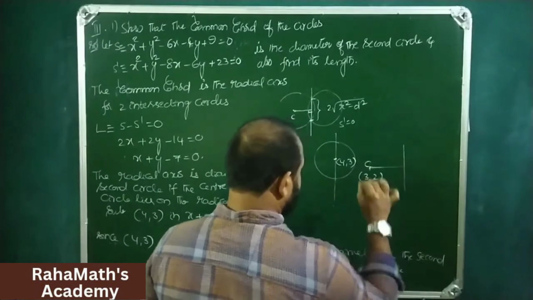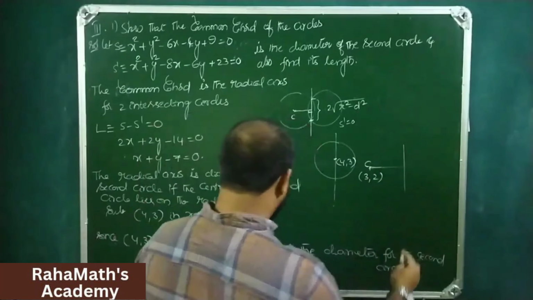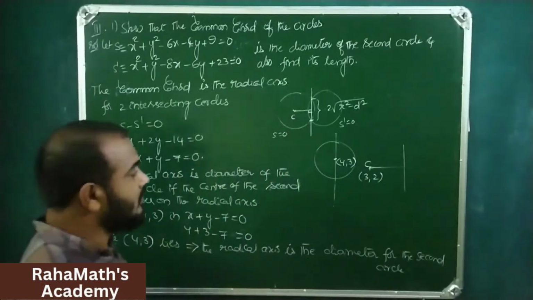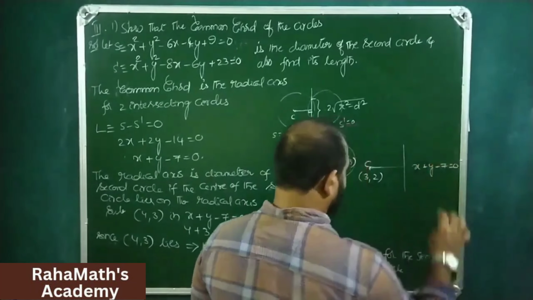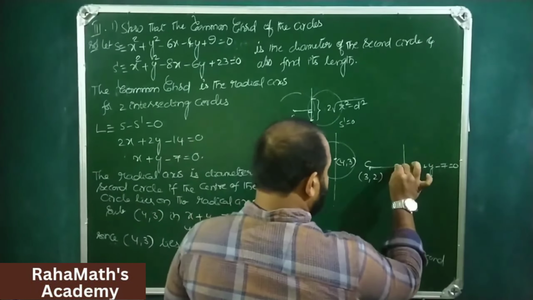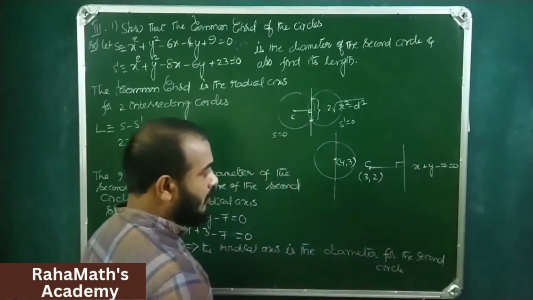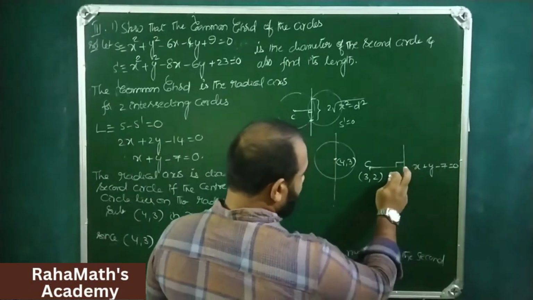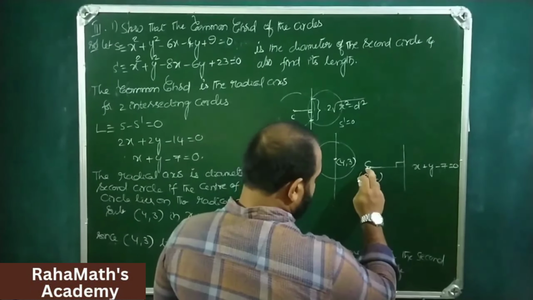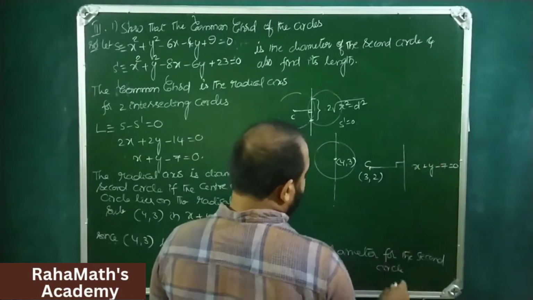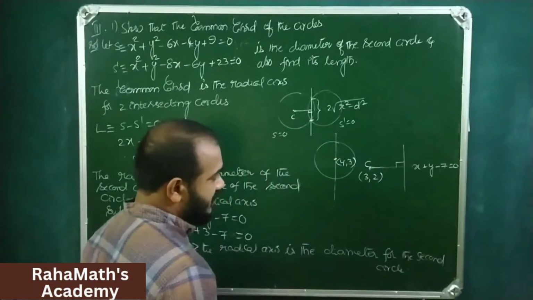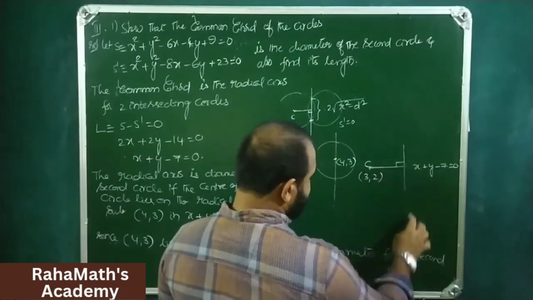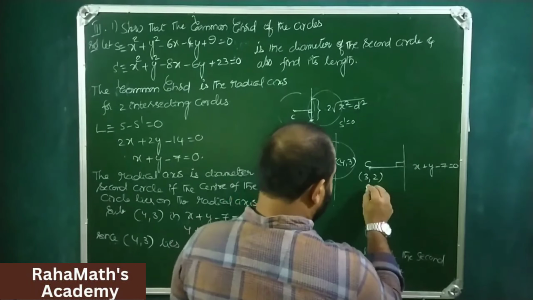This is C. And what is this line that we got right now? x plus y minus 7 equals to 0. This is our common chord, and the line joining the centers is perpendicular to it. The distance is nothing but the perpendicular distance.